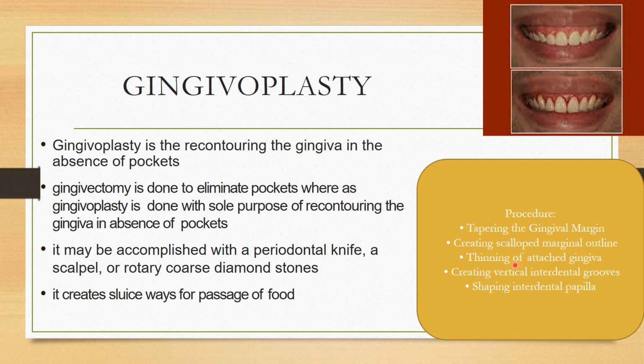If there is a thickened attached gingiva, if it is aesthetically compromising, you can thin the attached gingiva and create vertical interdental grooves. You can see that. So vertical grooves will be created in between. This will create the sluice ways for the passage of food, and then shaping the interdental papilla. So these are the procedures done under gingivoplasty.